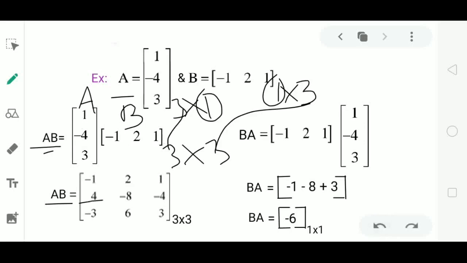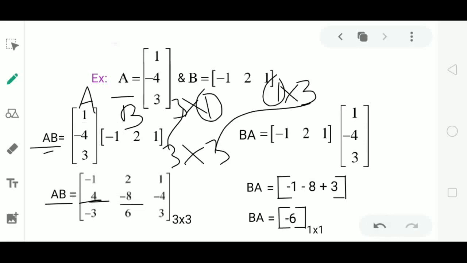For the first element of second row of AB, that is element lying in second row, first column, we consider second row of A and first column of B. Minus 4 into minus 1 is plus 4. Plus 4 is the element lying in second row, first column.